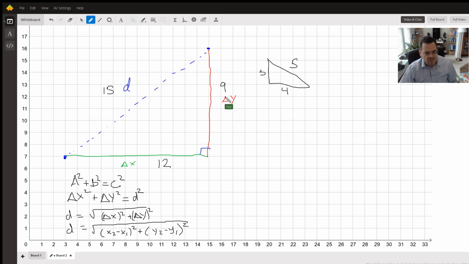And this is just a multiple of that. If you multiply everything by 3, then you'll get a 9, 12, 15 right triangle. So if you see the 9 and the 12, then you know the hypotenuse would be 15. So that's the long answer on how you would get this problem done. All right, thank you.